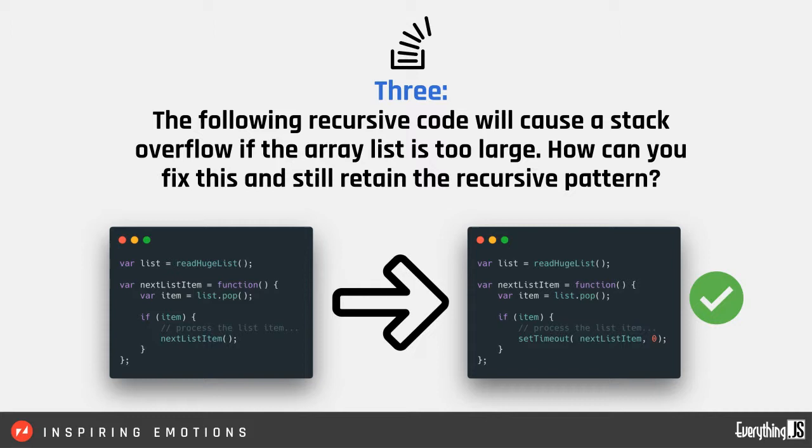Whenever we use setTimeout, it's going to create a web API call, and it's going to get added to the event queue, and afterwards it's going to get executed in a different context. So basically, whenever the browser stack gets free, it's going to call that next one, and so on and so forth. So this particular stack overflow issue won't be there with this solution.